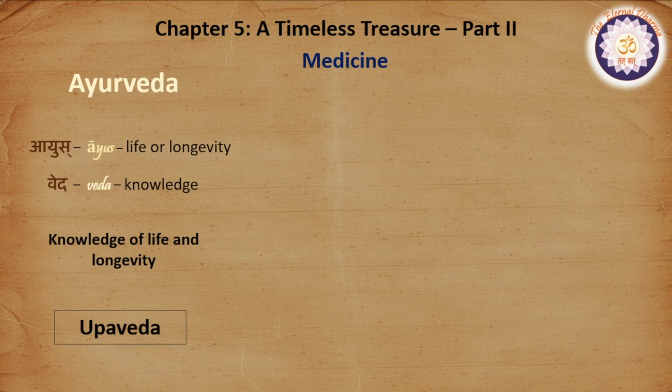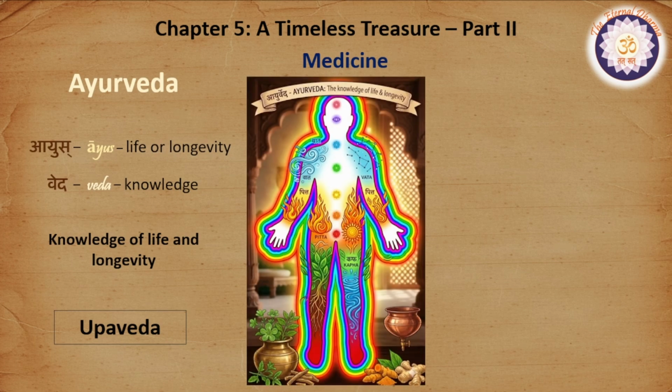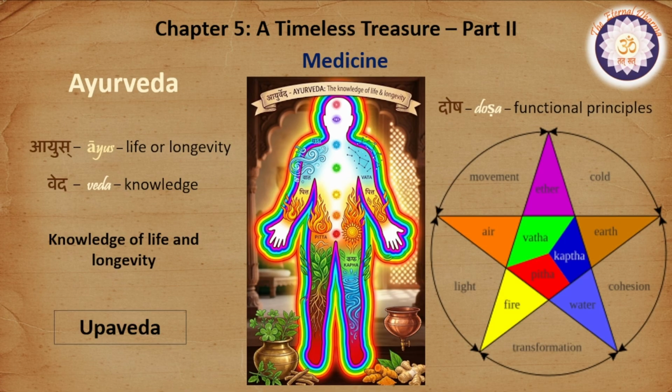According to Ayurveda, everything in the universe, including the human body, is composed of the Pancha Mahabhutas: earth, water, air, fire, and space. Dosha is a central concept here, referring to the three fundamental functional principles that govern the body and mind.